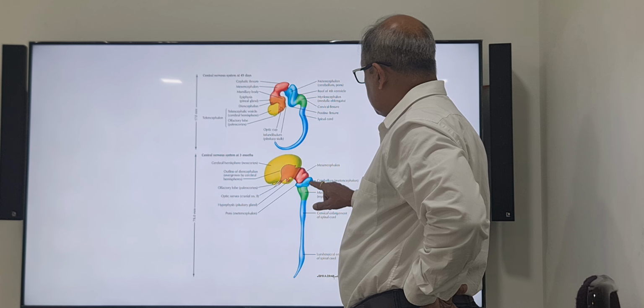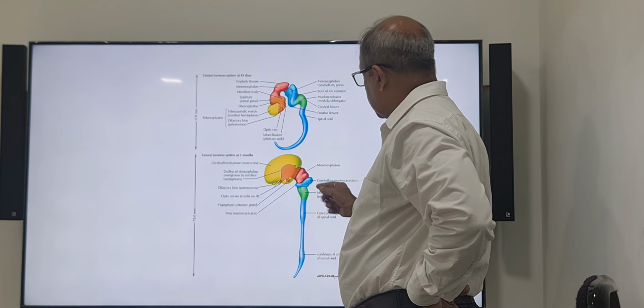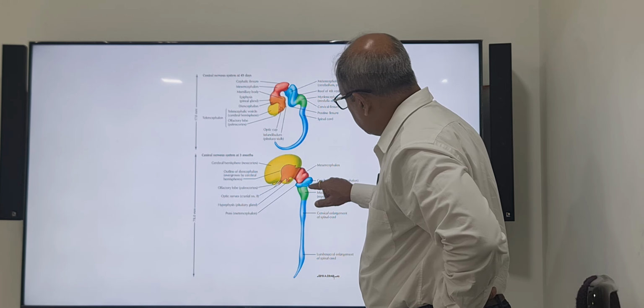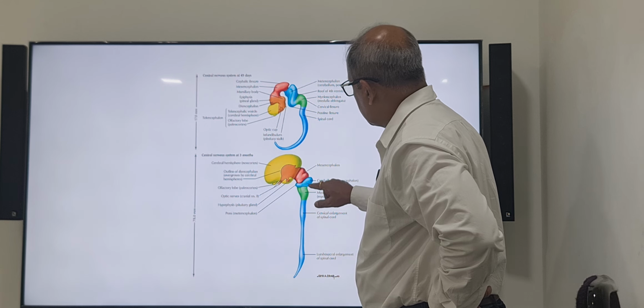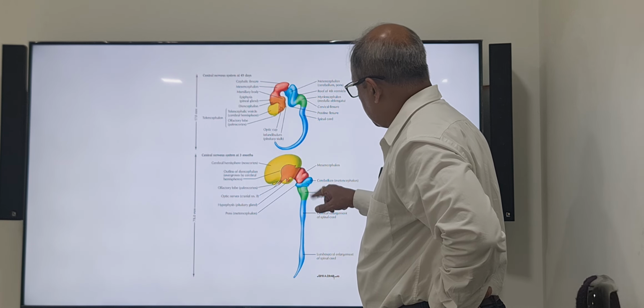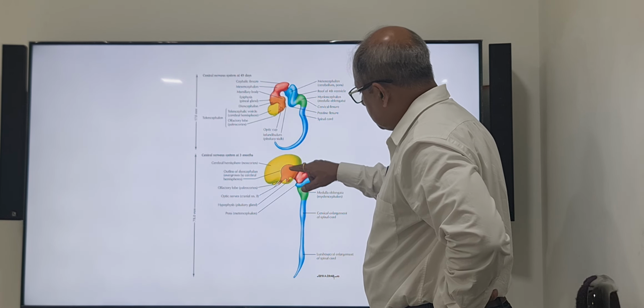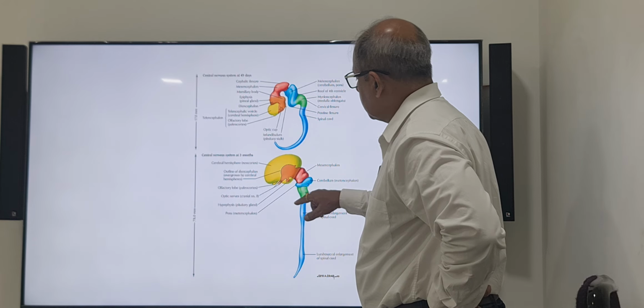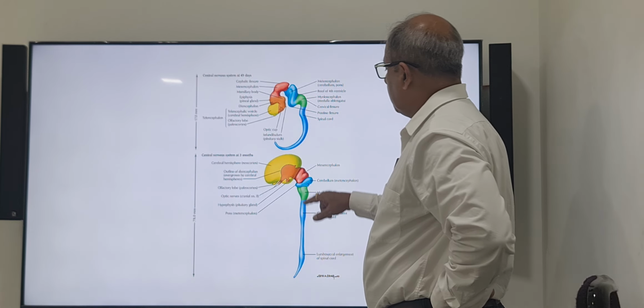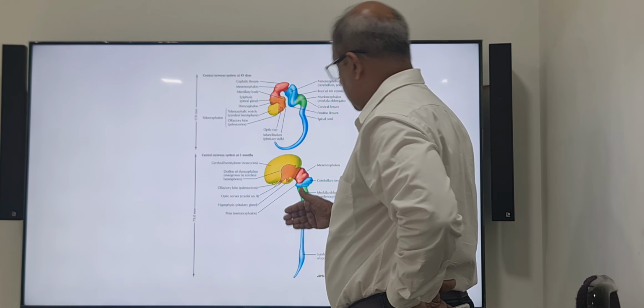The cerebellum is developing. There is the medulla oblongata, and you can see this cerebellum. There are lips which are coming to cover this. So I will let you know what is happening. This is the embryology, what is going on in the brain gradually.